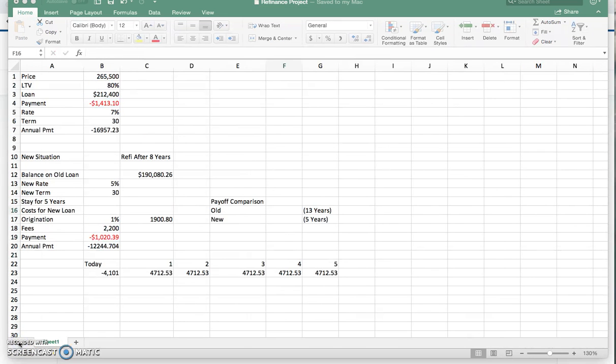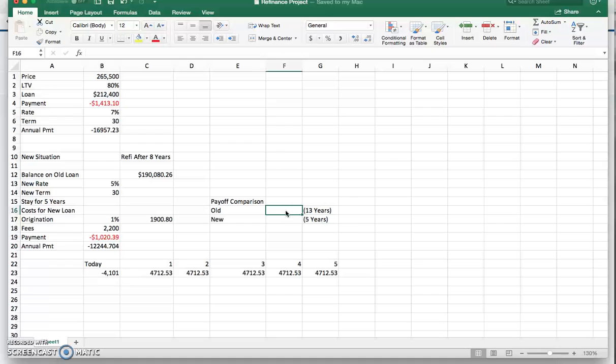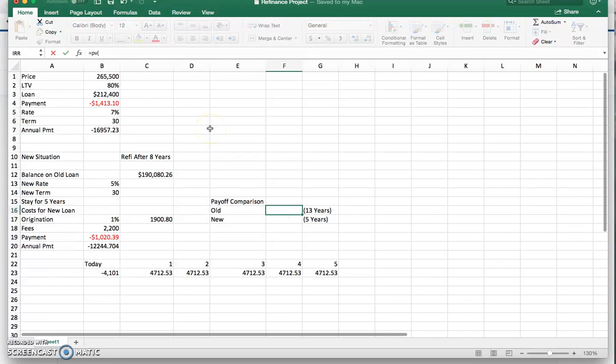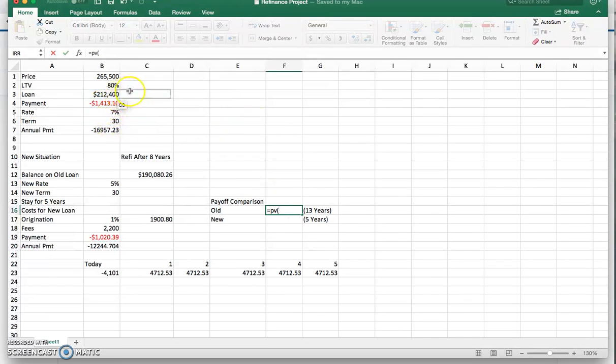Now calculate the payoff comparison between paying off the old loan in 13 years versus paying the new loan in only 5 years. To do that, you're going to use the present value function, and then take that old rate of 7% divided by the number of monthly payments, and then the number of years minus 13.